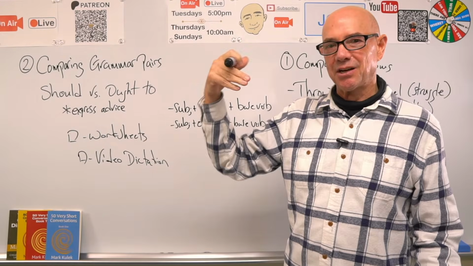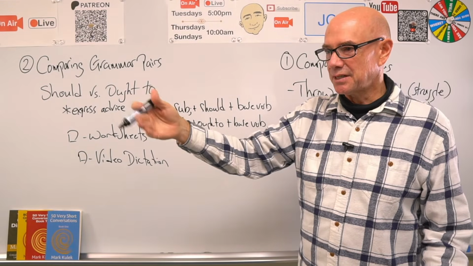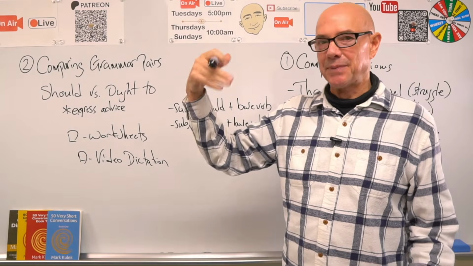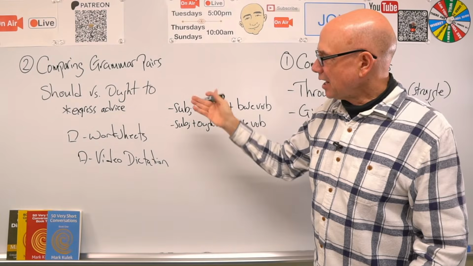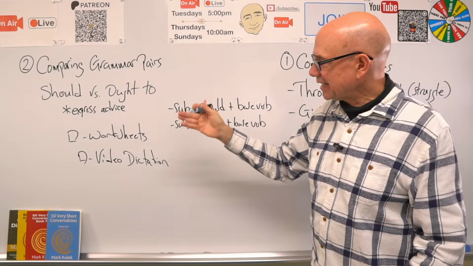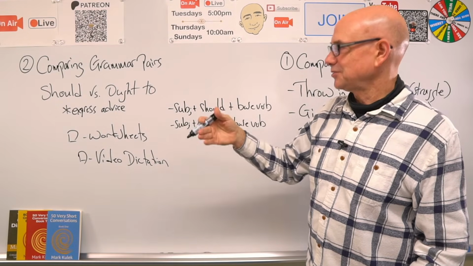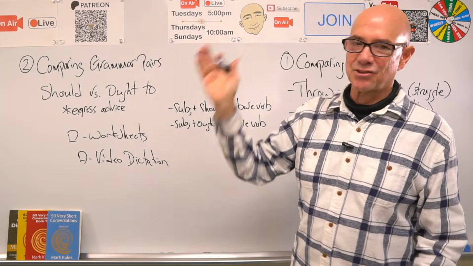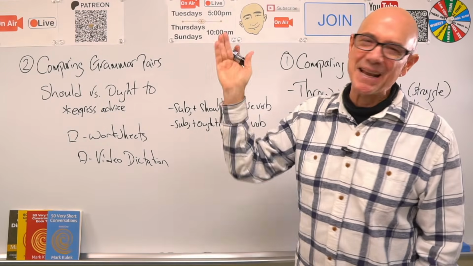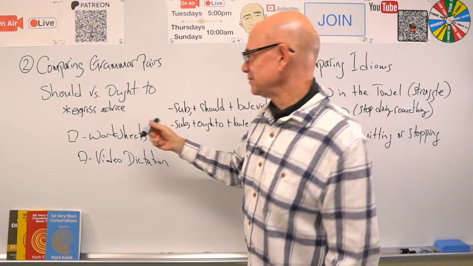Like you should apologize. You should go to bed early, right? So ought to is more on the advice side. Like he ought to say sorry. I don't know. They're basically the same. This is just a little bit more formal.